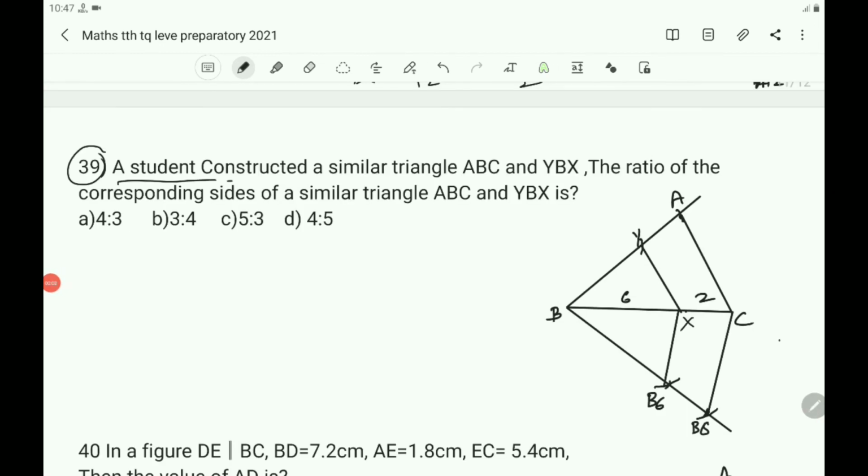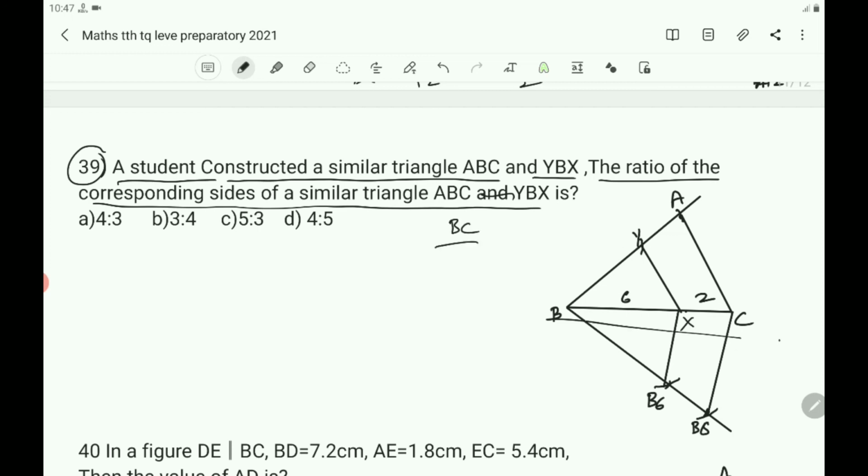Now the question number 39. A student constructed similar triangles ABC and YBX. The ratio of the corresponding sides of the similar triangles ABC and YBX is. Here triangle ABC is similar to triangle YBX. We have to find the ratio of the corresponding sides. Here you take BC by BX.